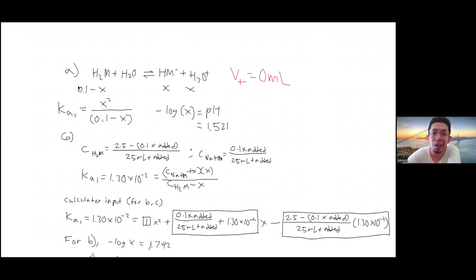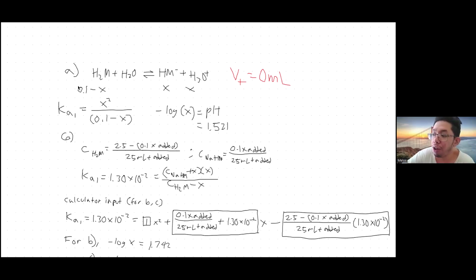What's the degree of difference between your Ka1 and Ka2? Your Ka2 is 5.9 times 10 to the negative 7. So it means you have a 10 to the fifth degree of difference between the two. So masyadong malaki yung gap ng Ka1 and Ka2.